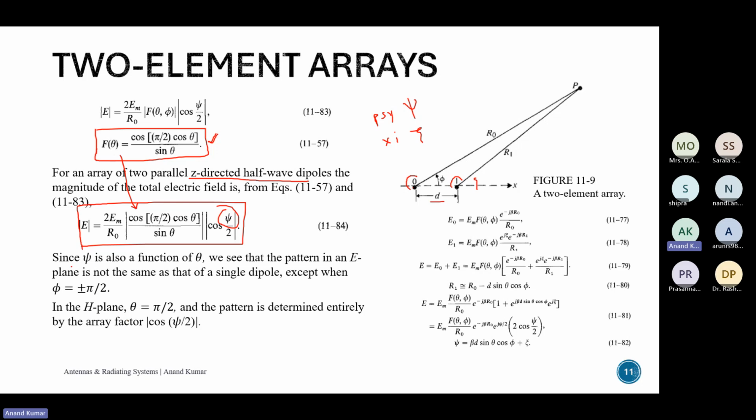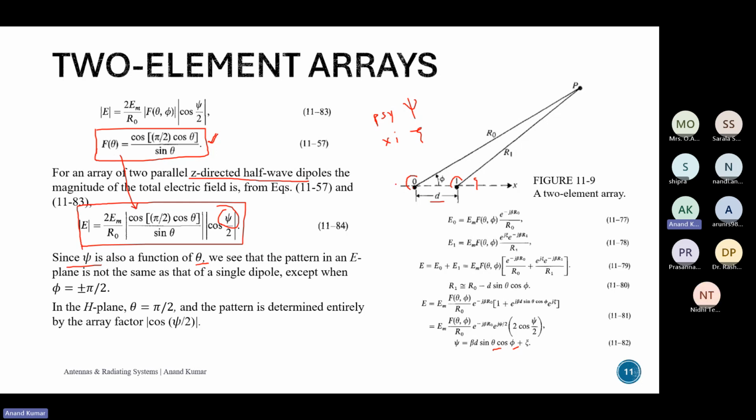Since this psi is itself a function of both theta and phi, it will keep changing for different directions.